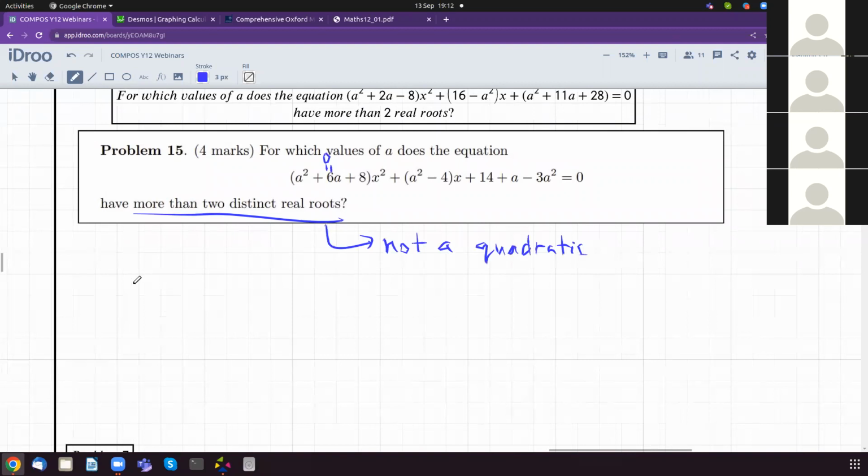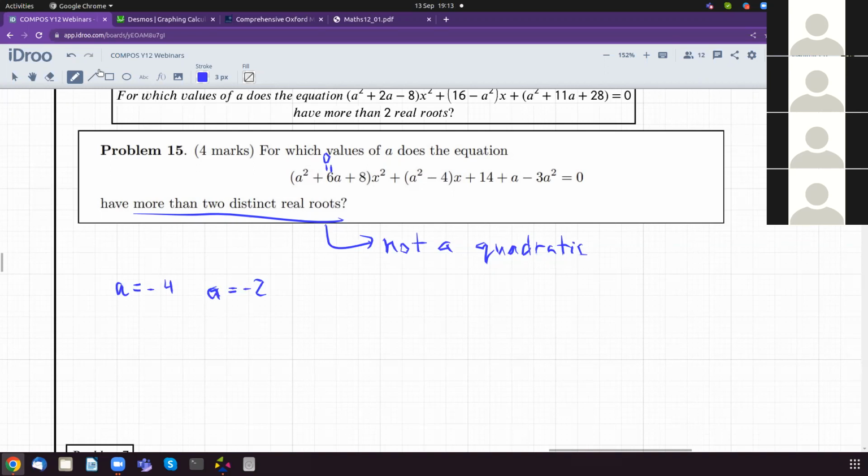And this term is 0 when a equals, well, now you know how to solve quadratic equations in your head. A equals minus 4 and a equals minus 2.